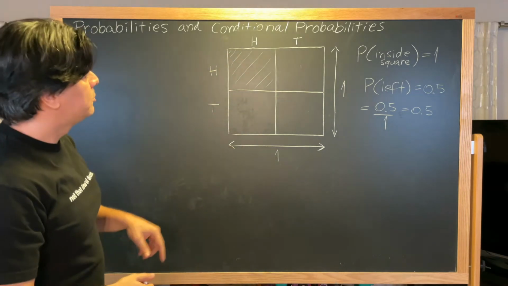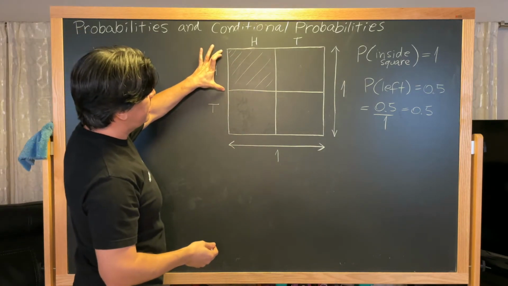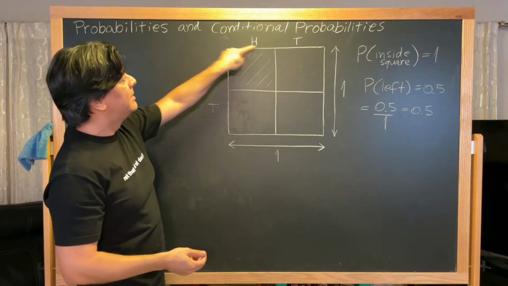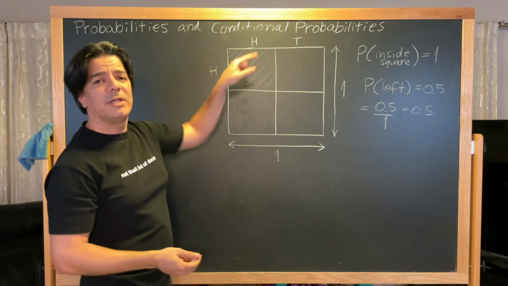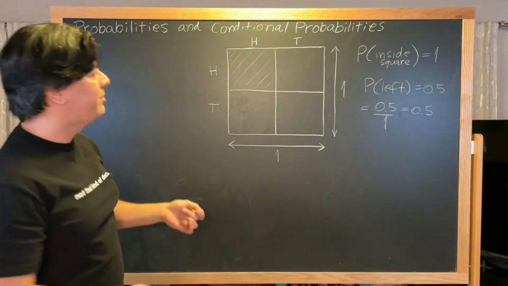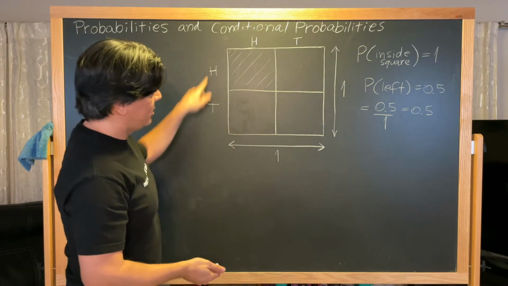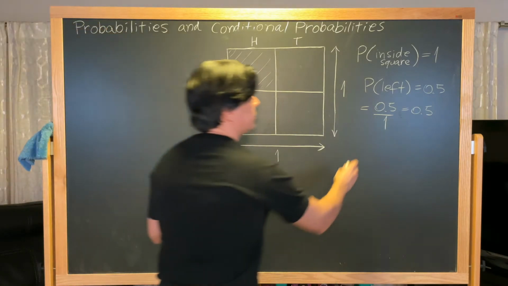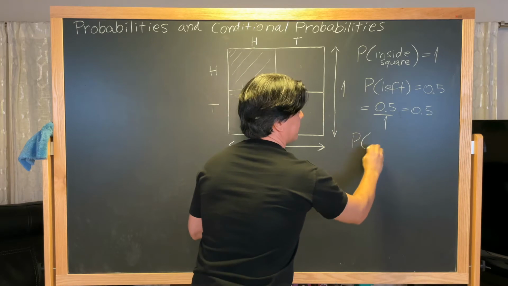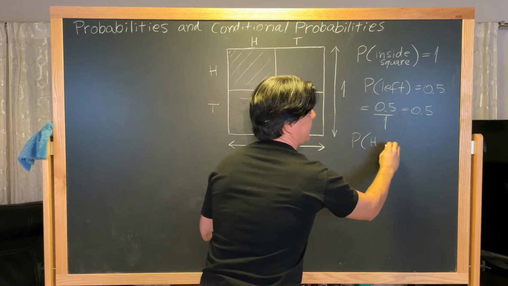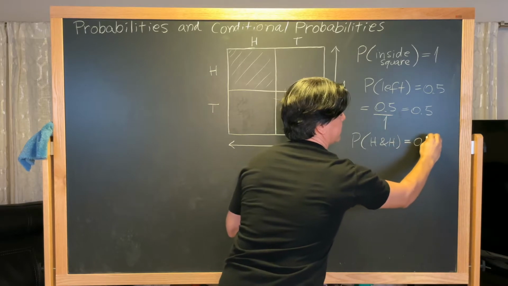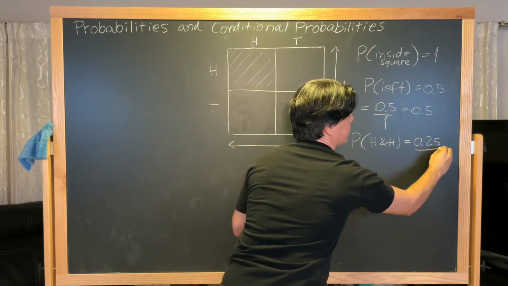Well, this side is 1/2 and this side is 1/2, so this area is 1/2 times 1/2, which is 0.25, divided by the whole area, which is 1. So the probability of heads and heads is 1/4.